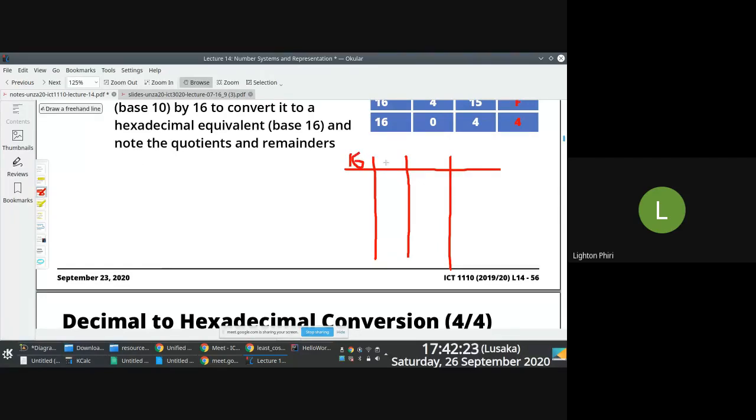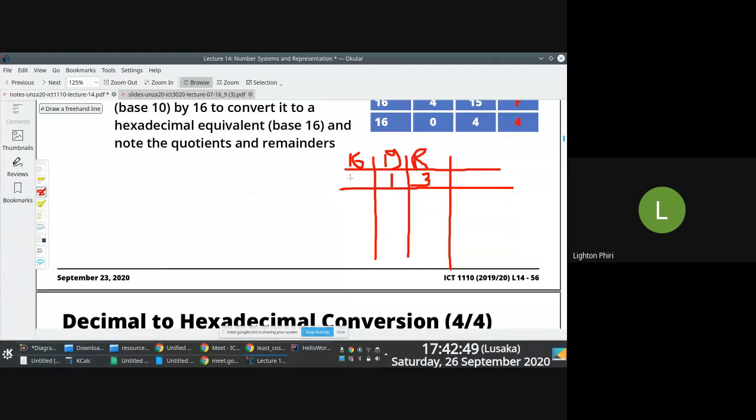So you say 16 into 19: it goes in one time, remainder 3. You write these things down, like your remainder. Sorry, writing using my mouse, I shake a lot.